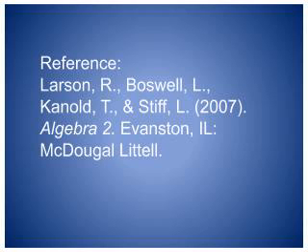You need to remember the vertex is the highest point if the absolute value function opens down, and it's the lowest point if the function opens upward. You also need to remember that in your general form, your H is your horizontal shift, your K is your vertical shift, and the A is the shrink stretch value. And if it's a negative, it's also going to act as a reflection.